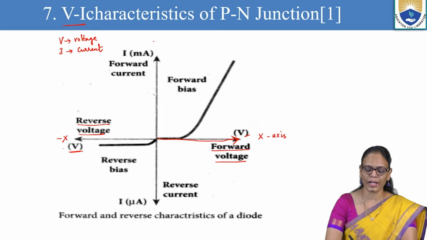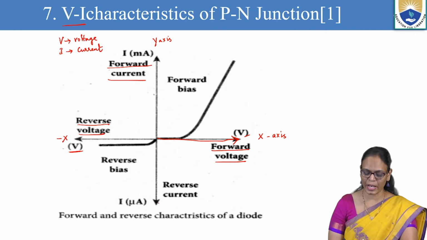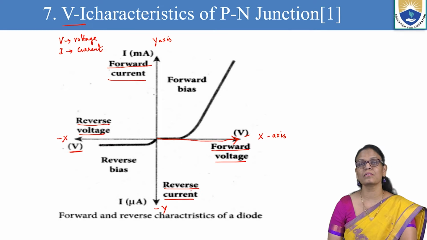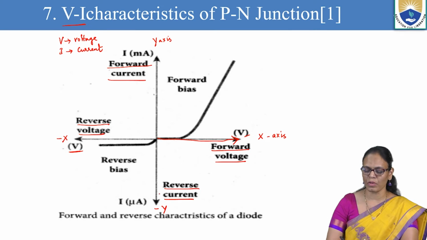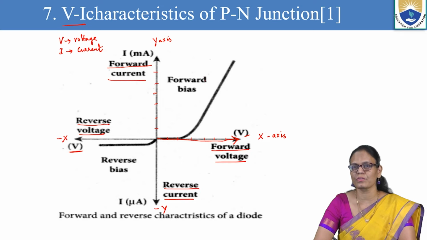Along the positive y-axis, we take the forward current, meaning the current in forward bias. And along the negative y-axis, we take the reverse current, the current in reverse bias. Now, as you plot the graph, we are going to observe how the current varies as the voltage varies.